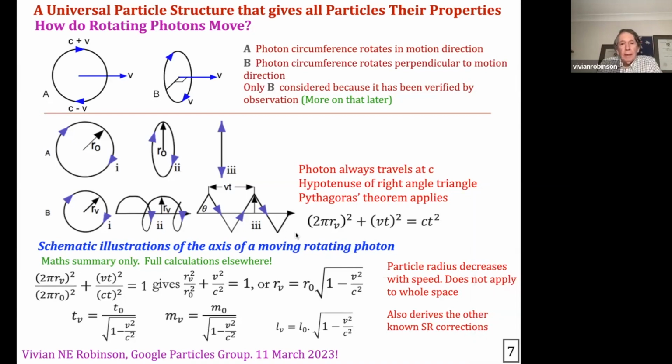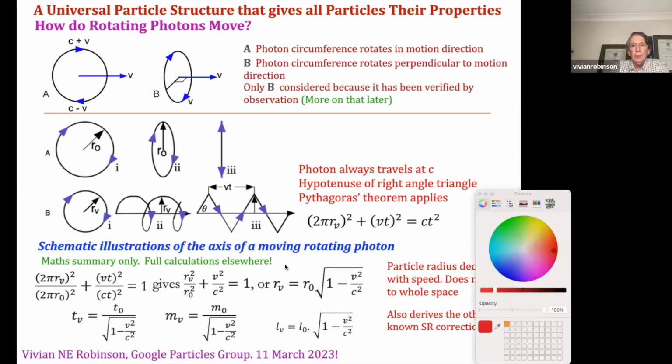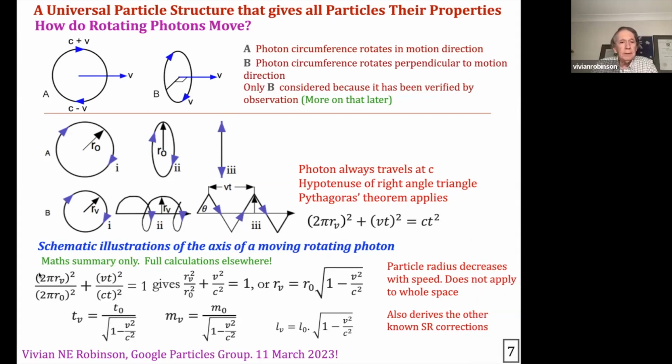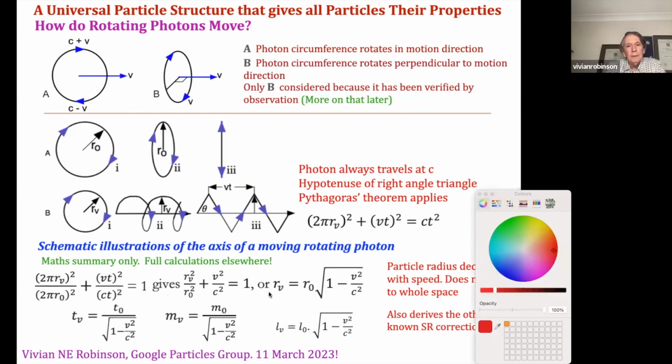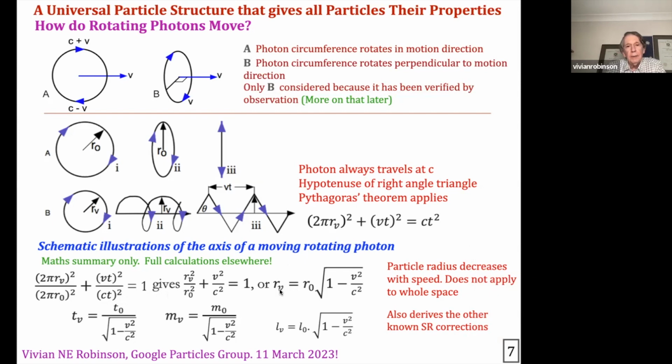I won't go through the full details. The math summaries are elsewhere, and I'll give them to you later. But if you go through these, you finish up with the radial velocity equals the rest velocity times the square root of 1 minus v squared over c squared.